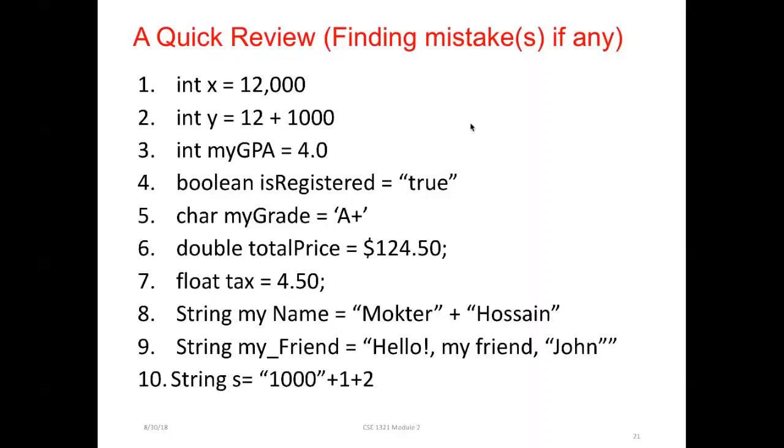For instance, if I have a equal to 5 and b equal to 7, then what will happen if I say a greater than b ampersand a plus b less than a times b?